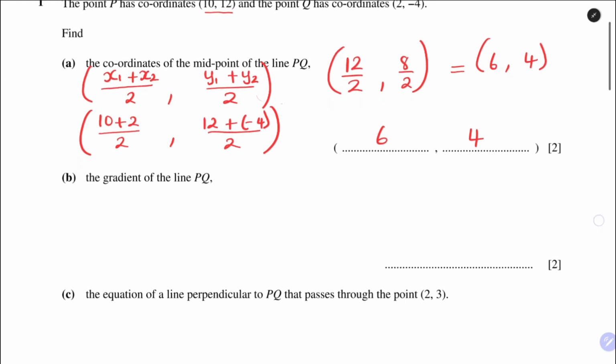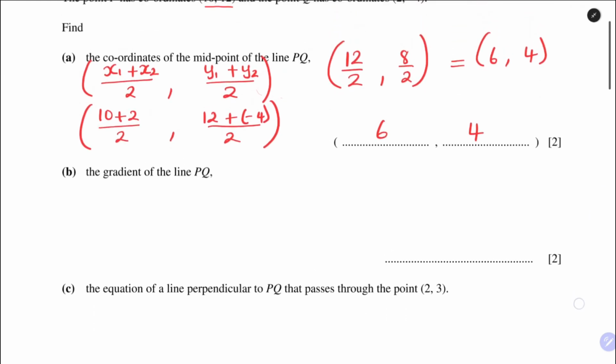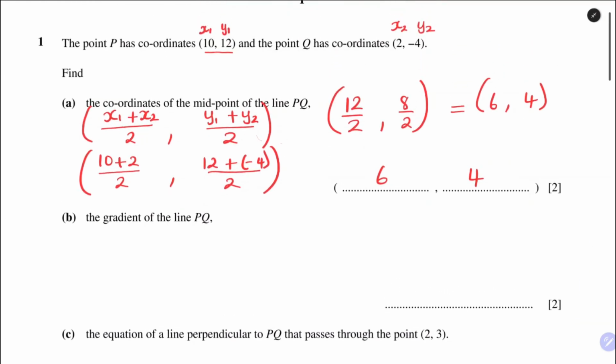All right, so the next question: the gradient of line PQ. The formula for finding the gradient of any line is given as m equals y2 minus y1 over x2 minus x1. Gradient is given as the rise over the run. So let's substitute our values again.